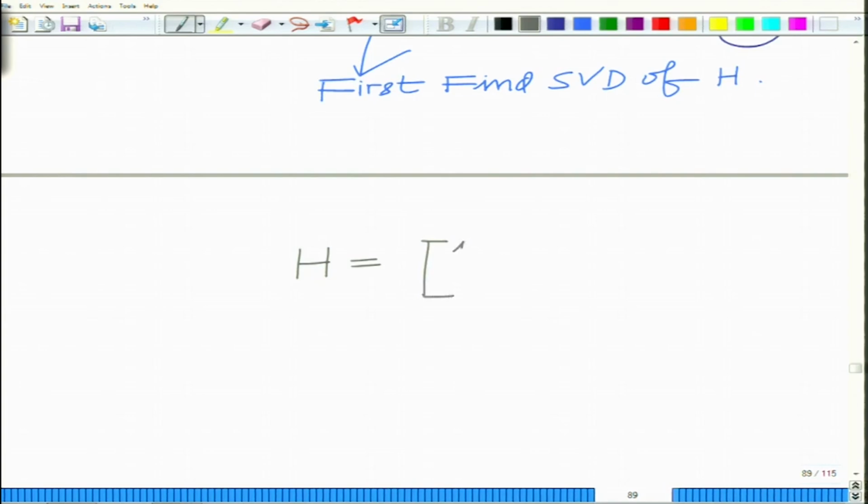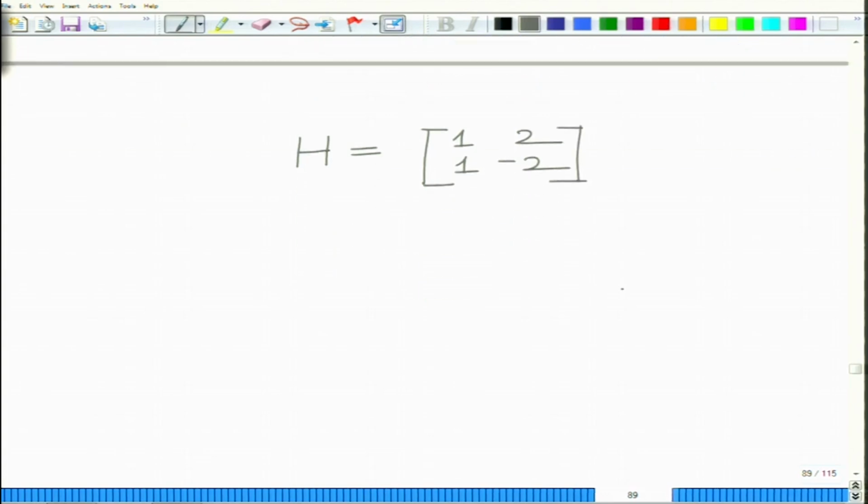Find the singular value decomposition of H, and remember we have H equals this channel matrix. What I am going to do now, remember we have to write this as U sigma V Hermitian, where U contains orthonormal columns, that is unit norm columns that are orthogonal to each other.